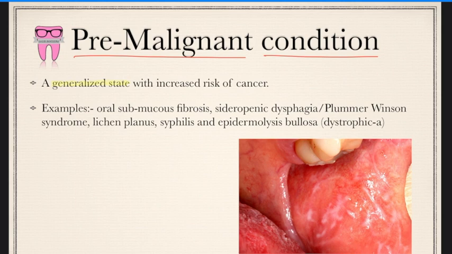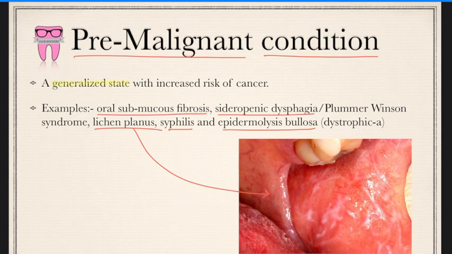Examples are oral submucous fibrosis, sideropenic dysphagia or Plummer-Vinson syndrome, lichen planus, here I have a picture of lichen planus, syphilis, and epidermolysis bullosa. Again, don't worry about these terms much. I'll be dealing with all these terms in detail in my coming up lectures.